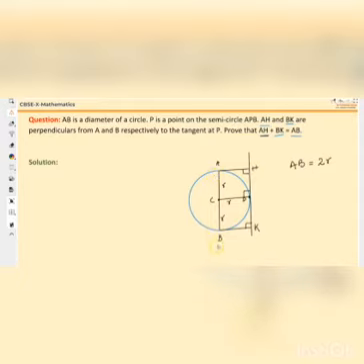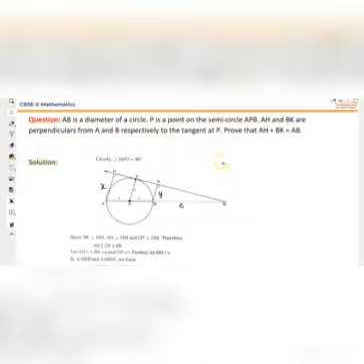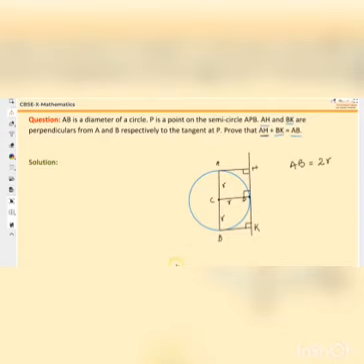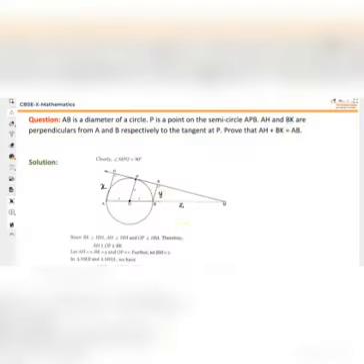So what we can do is, let me try to extend this diameter. I have taken this diagram because it doesn't have space here, so let me show it here. Same thing: I have extended the diameter such that it touches a point on the tangent.